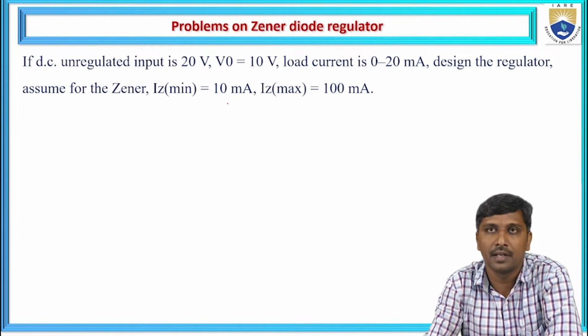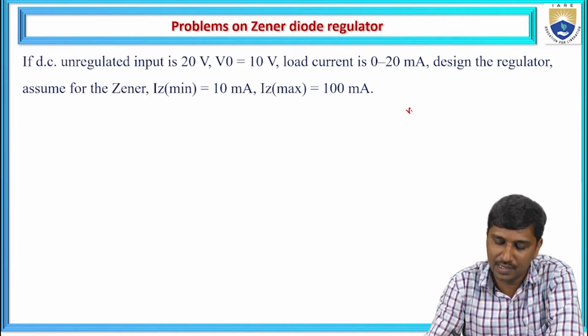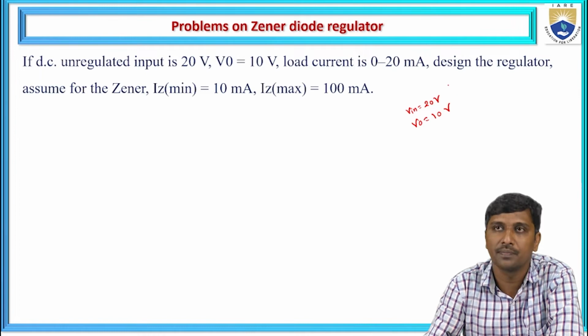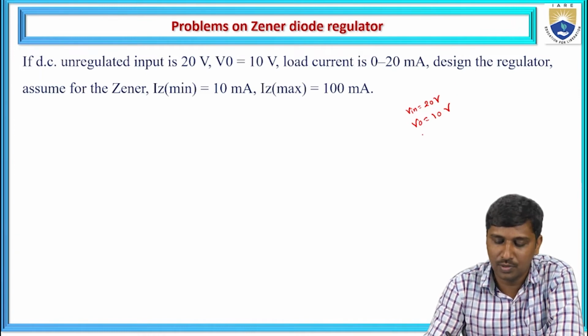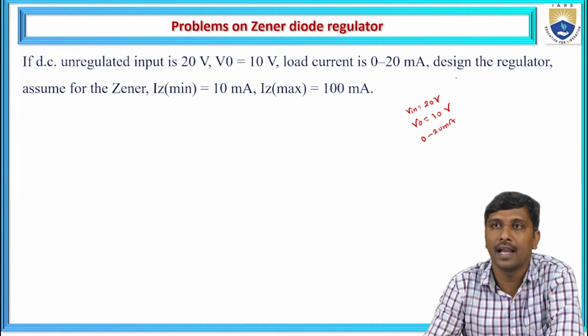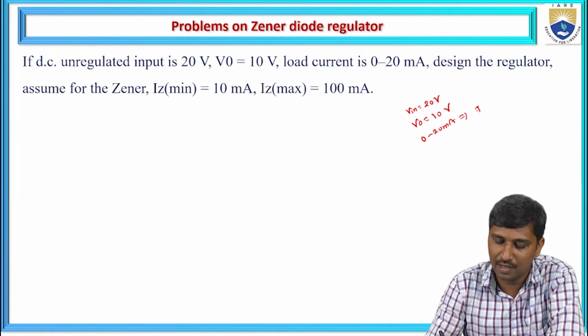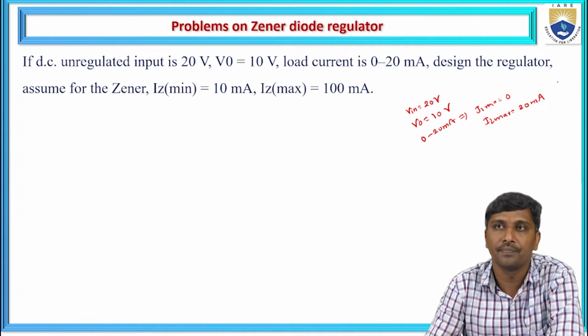So here the unregulated input Vin is 20 volts and the Zener regulator circuit is to produce a DC output voltage of 10 volts. The load current is 0 to 20 milliamperes, where IL minimum is 0 and IL maximum is 20 milliamperes.